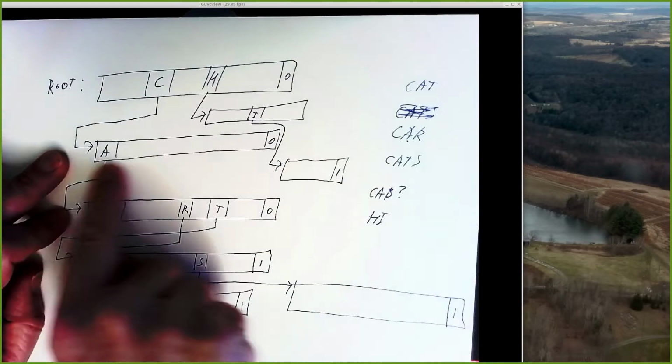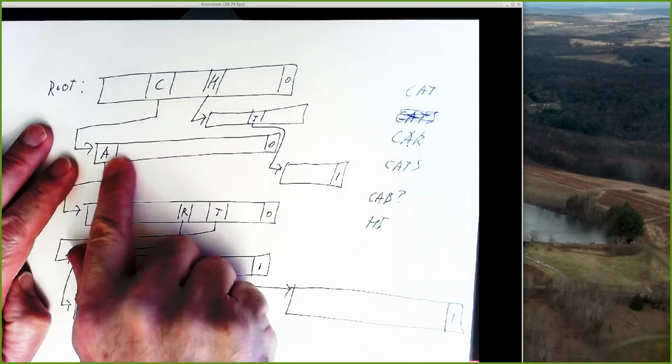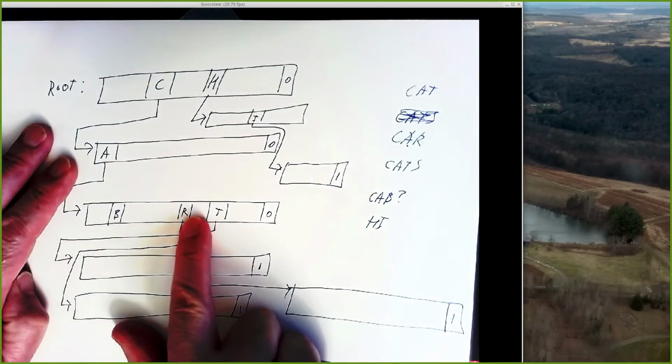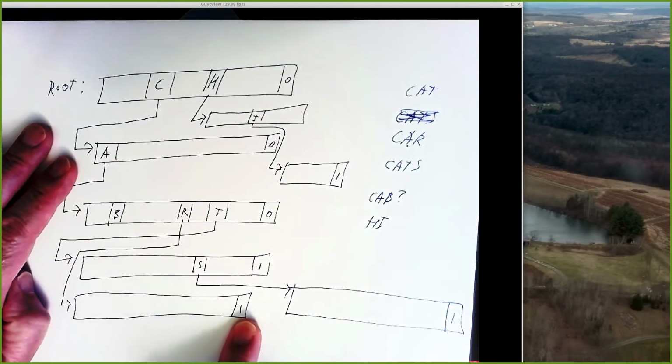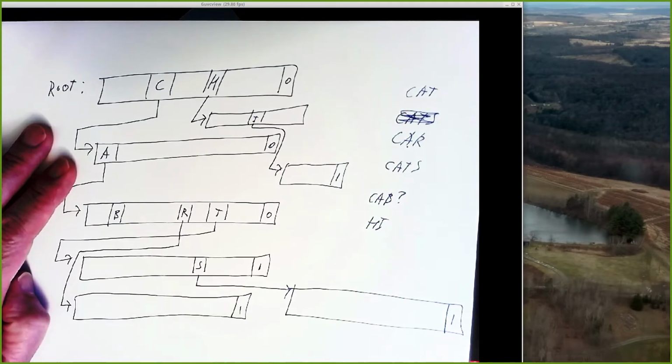Right? If H pointed to this node, that would say, okay, if I have an H followed by an A followed by an R and the end of string is 1, HAR is part of my trie. Does that make sense? Kind of. It's hard to get my head wrapped around it.